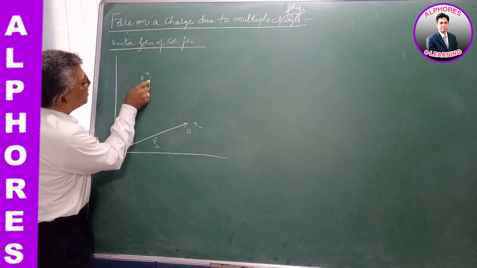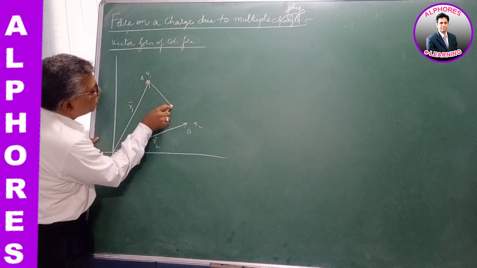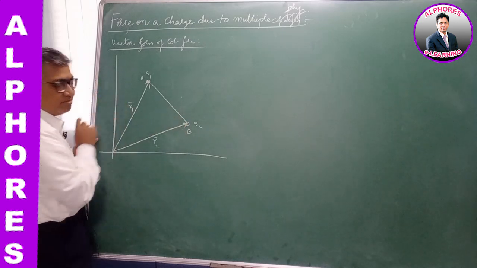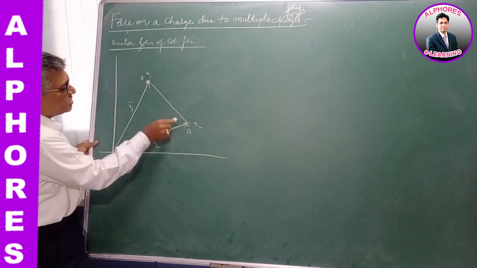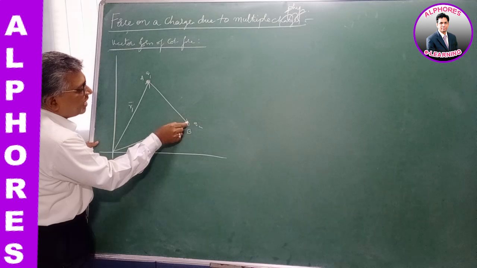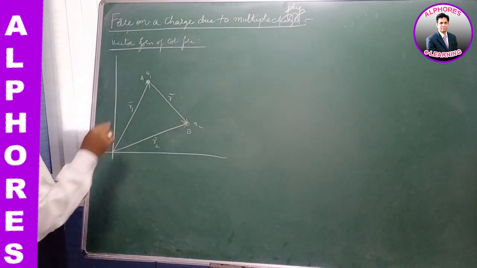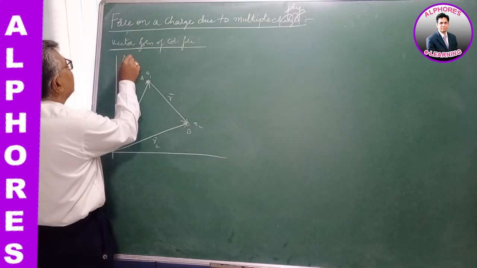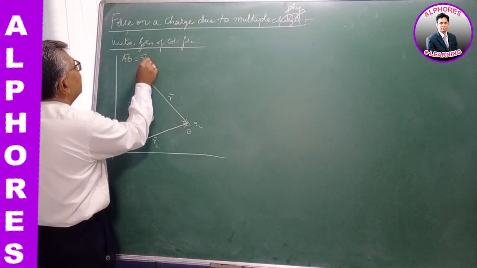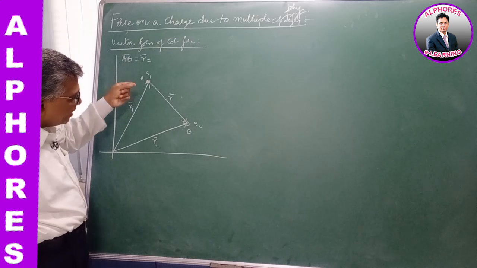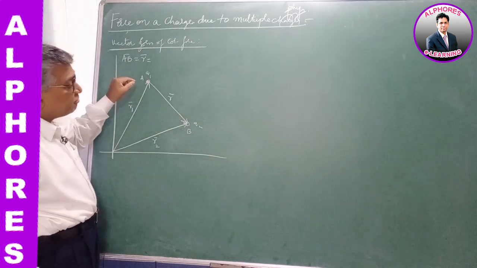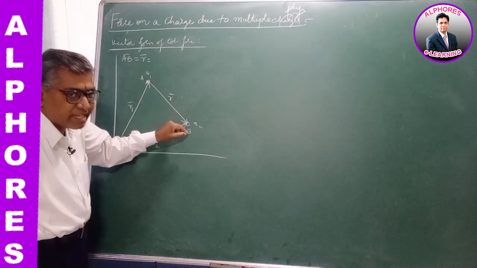Now, the displacement between the two charges is the vector AB bar. Let this be R bar. So AB bar is R bar, and it is the vector from the position of the first charge to the position of the second charge.